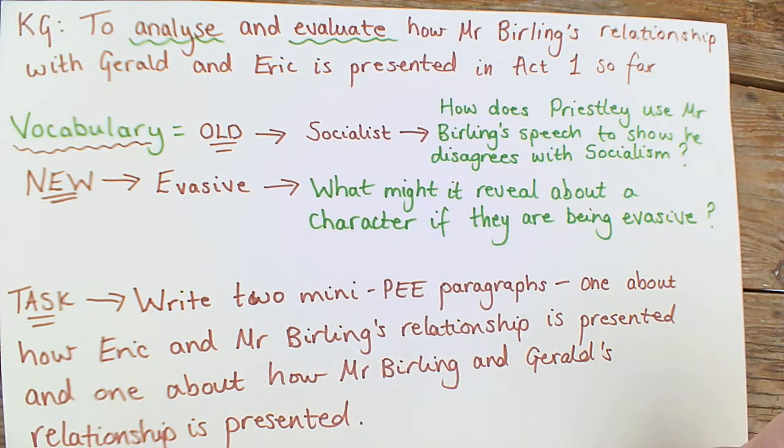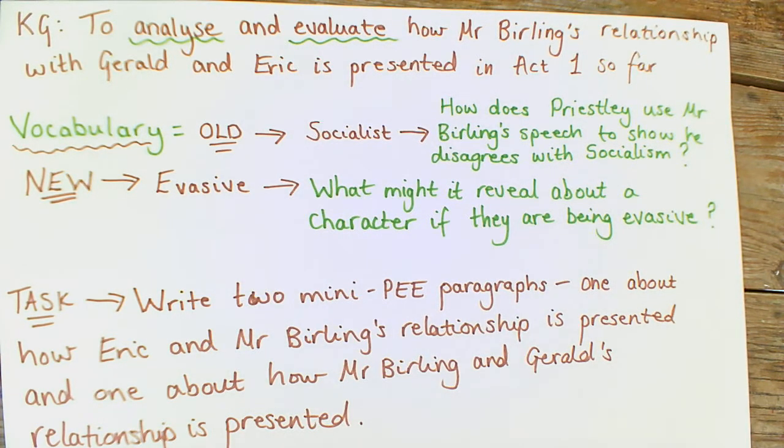He buys the same port as his father. He wants Gerald to be very impressed with him because Gerald is an aristocrat. He is everything Mr. Birling wants to be, which is why he is so delighted about Gerald's engagement to Sheila. His relationship with Eric is a bit more complicated. Eric seems to disagree with some of the things that he's saying, particularly in his speech, which is quite interesting.